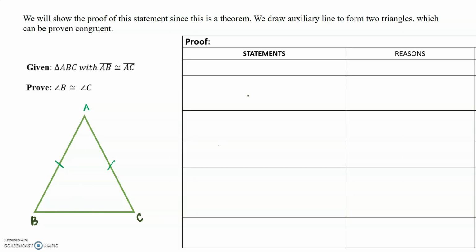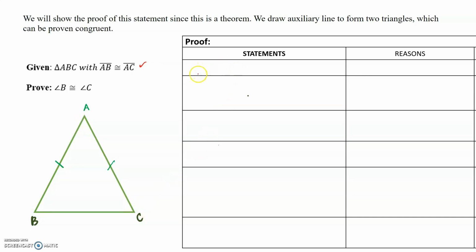As I always keep on saying, when you do proving, you always start with the given. So our given here is side AB is congruent to side AC. So that is, this side is congruent to this side.